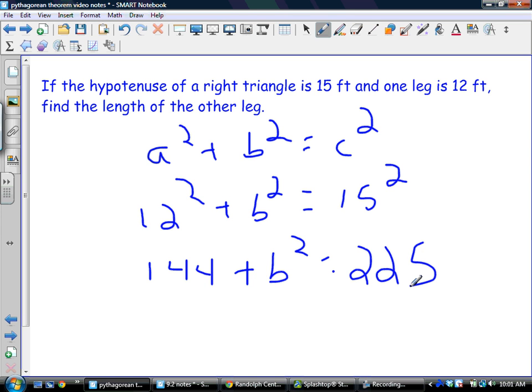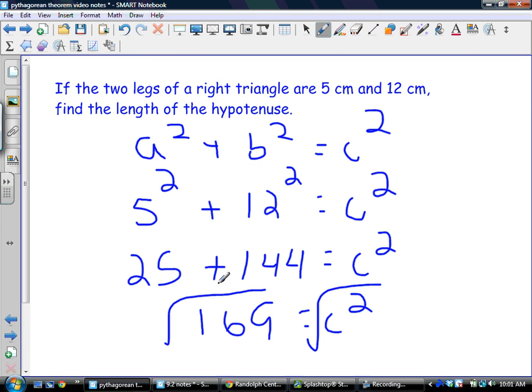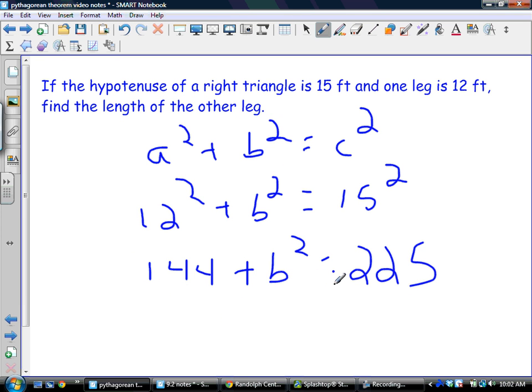Now, here's where the difference is. On the last problem, these two numbers were on the same side. So I just had to add them up. On this problem, they're on different sides. So really, I'm solving an equation here. And so if I want to get the b squared by itself, I'm going to have to subtract the 144 from both sides.